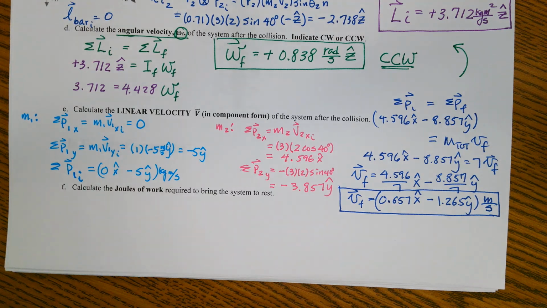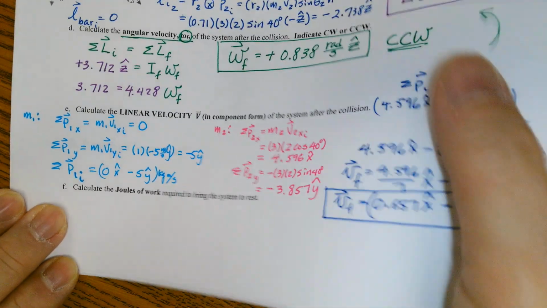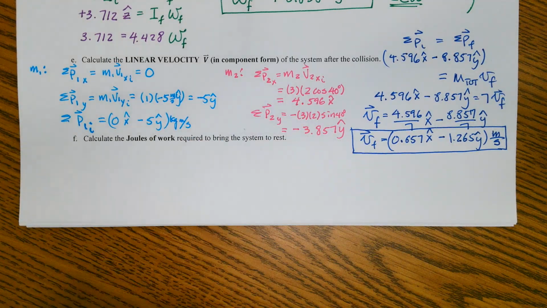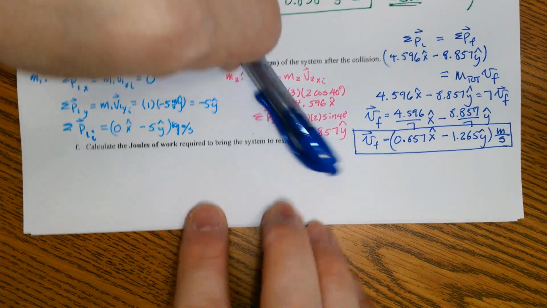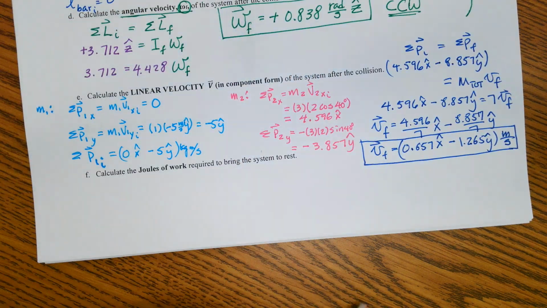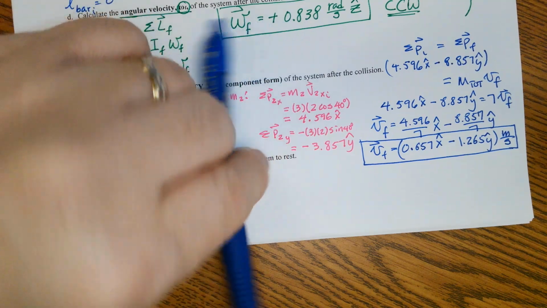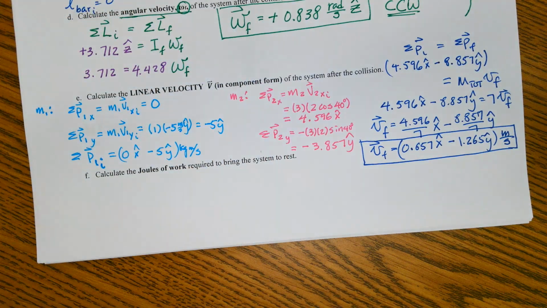Letter F. Calculate the joules of work required to bring the system to rest. So once it starts to spin and move translationally, you're going to have 2 forms of kinetic energy. You have rotational kinetic energy as well as translational kinetic energy.